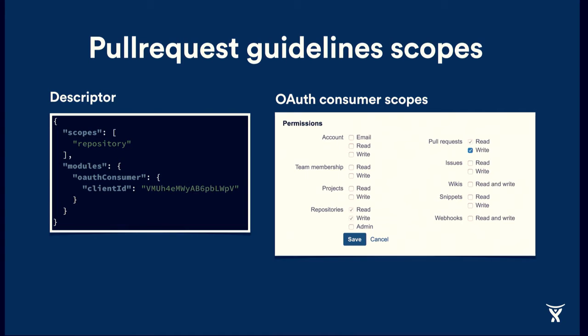In addition, you see the OAuth consumer, and on the right side is the configuration for that OAuth consumer. It's got the pull request write scope, which means this is how the add-on wants the end user to be able to write to a pull request and create comments in the pull request on behalf of the end user. So again, scopes is when the add-on wants to authenticate as the team itself, and the OAuth consumer is when the add-on wants to authenticate as the acting user, as the requesting user.